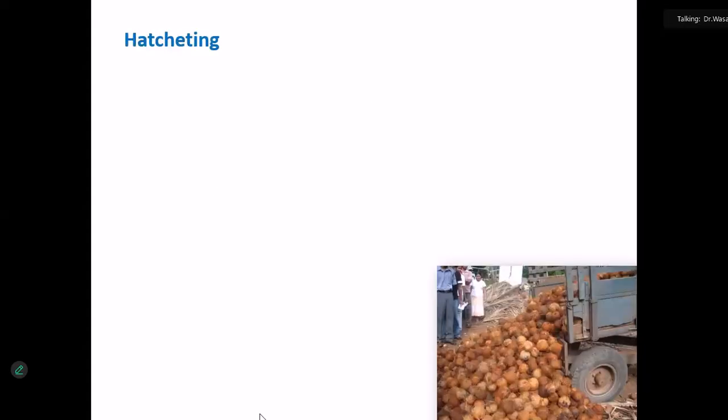That is why you can see, even during transporting, you have to transport carefully. Unloading, you can see here, they don't unload onto the hard floor. They provide coconut fronds. Just after that, they are covering until they are taken for hatcheting.